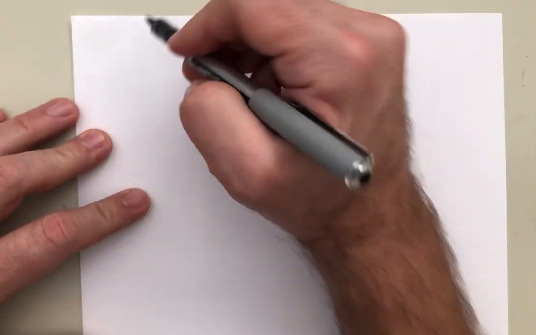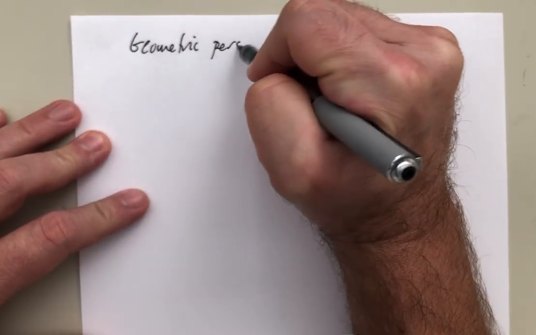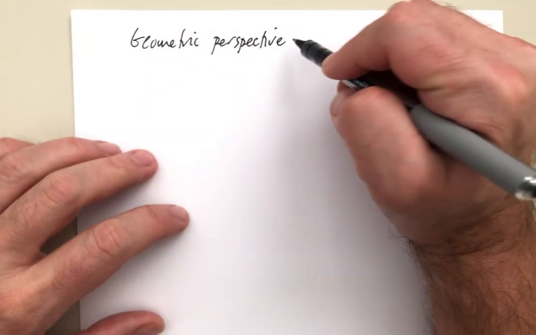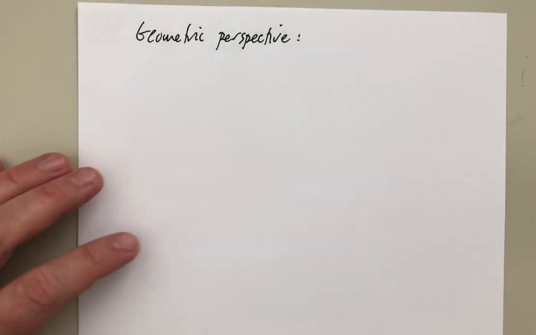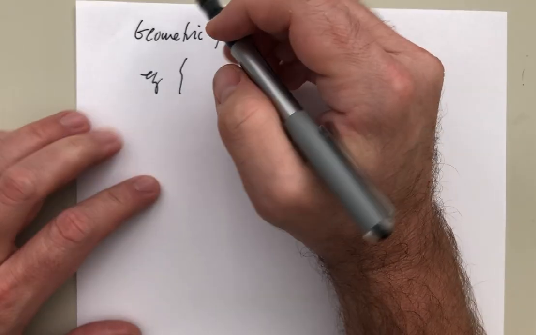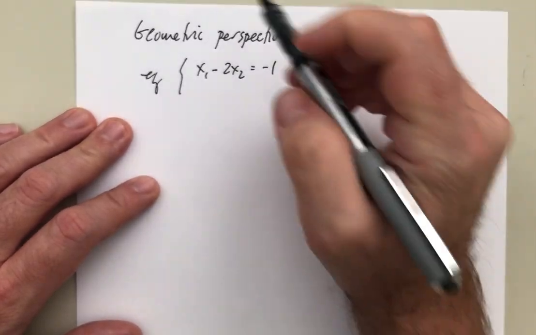I want to emphasize that there's another way to look at this from a geometric perspective. On the face of it, linear algebra is algebraic, symbolic, pushing around symbols and numbers. But what's cool about linear algebra is that there's some geometry hidden in the background that I want to always emphasize. So let me go back to that example: x1 minus 2x2 equals minus 1.